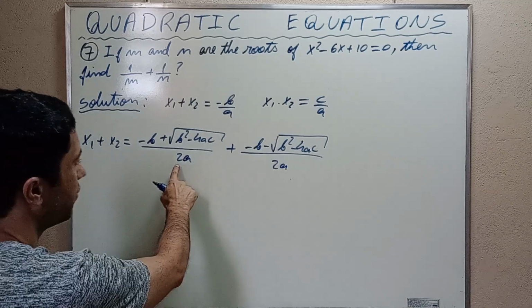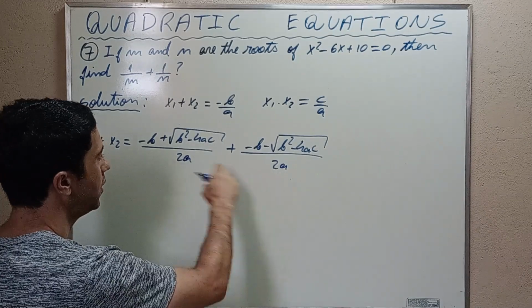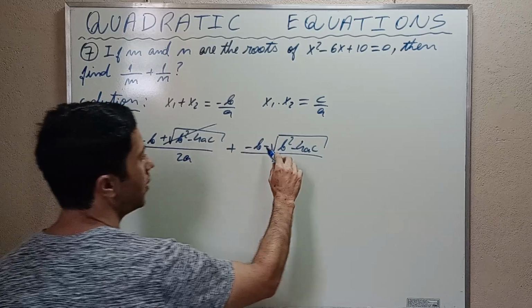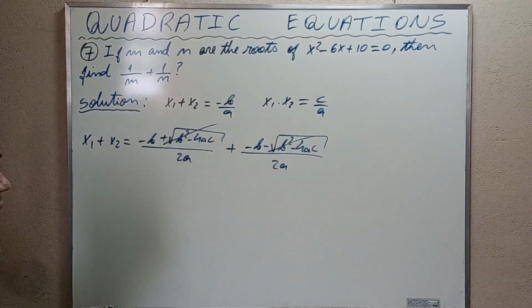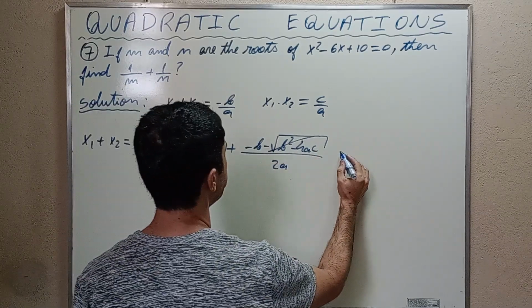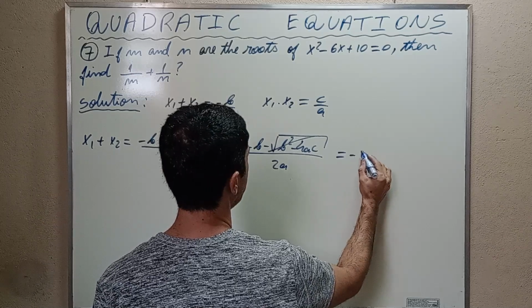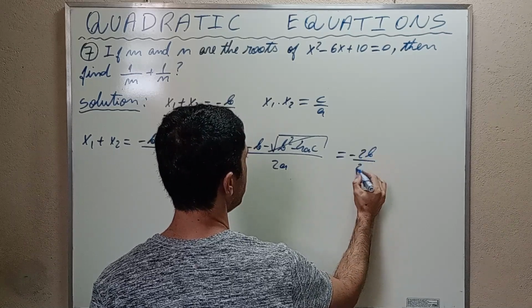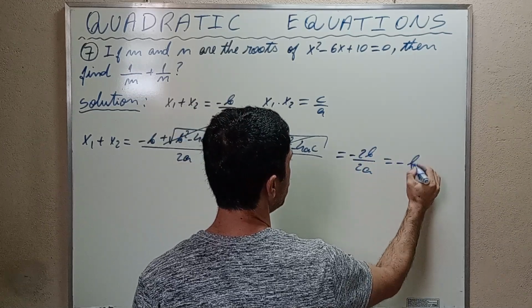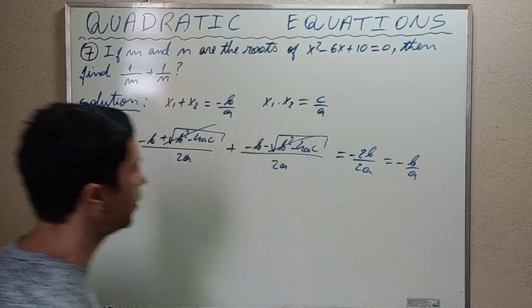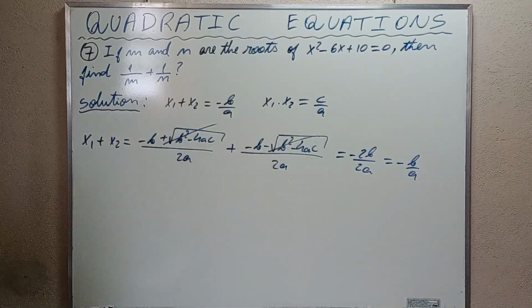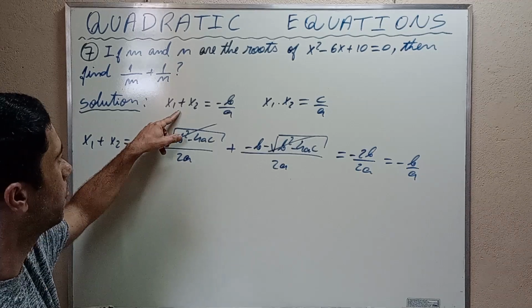Observe that they have the same denominator. Then this positive term here cancels with this negative term, and we end up with negative 2b divided by 2a, and this is equal to negative b over a. Okay? This is how we demonstrate this.